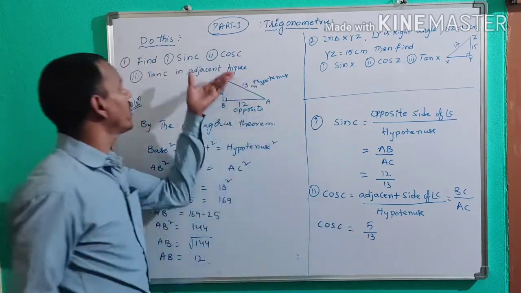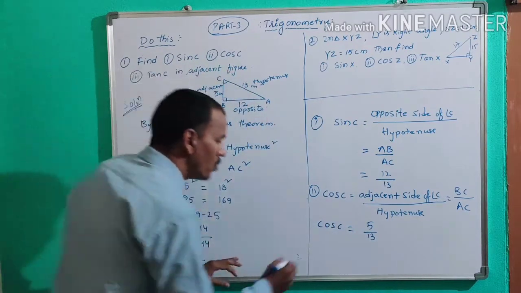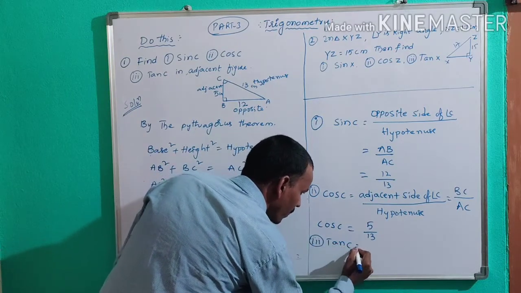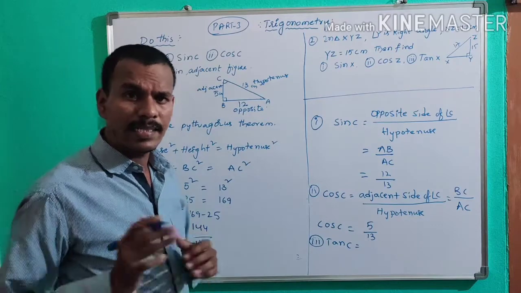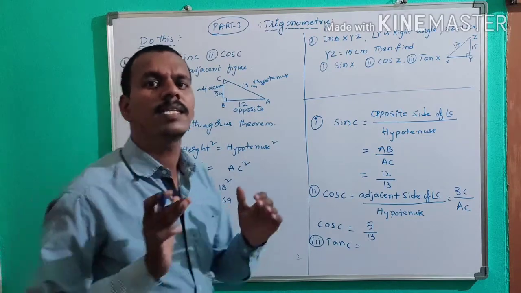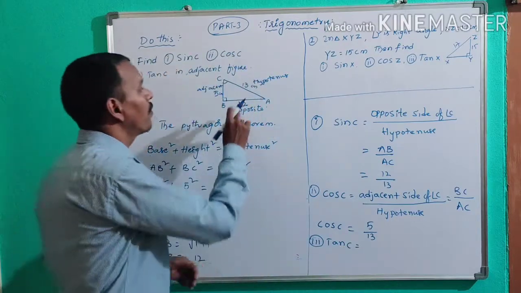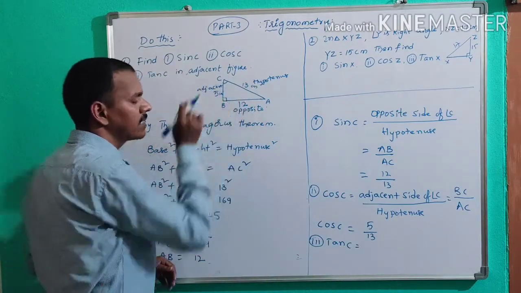Now third one is tan C. So what is tan C? Tan C is equal to opposite side of angle C by adjacent side.